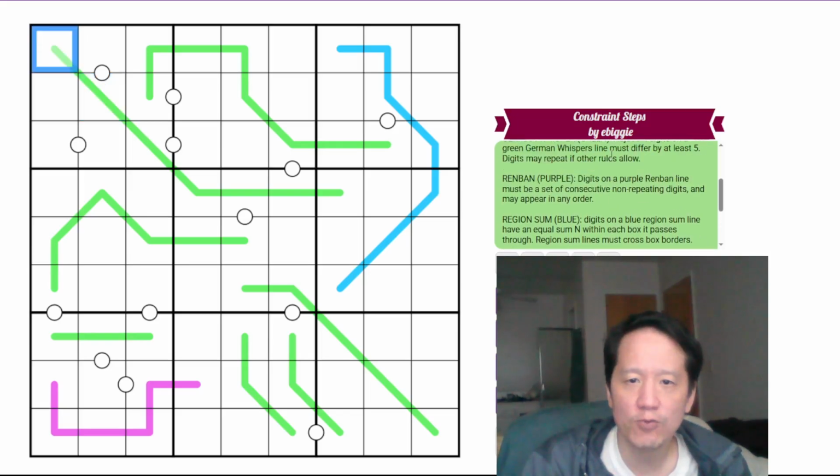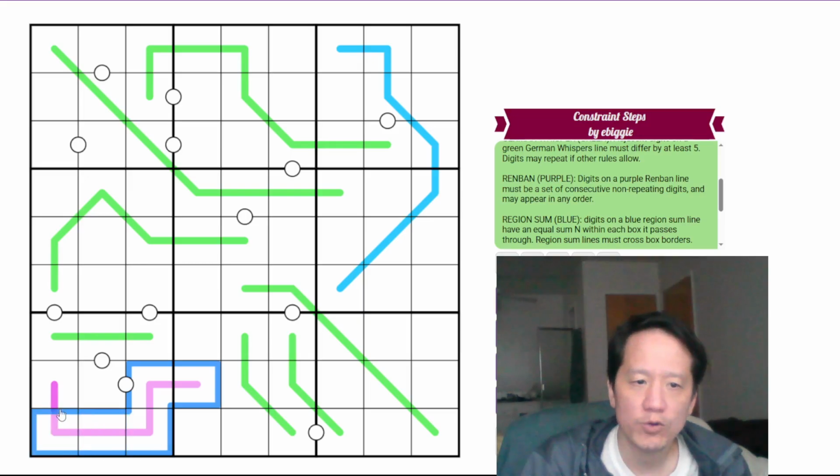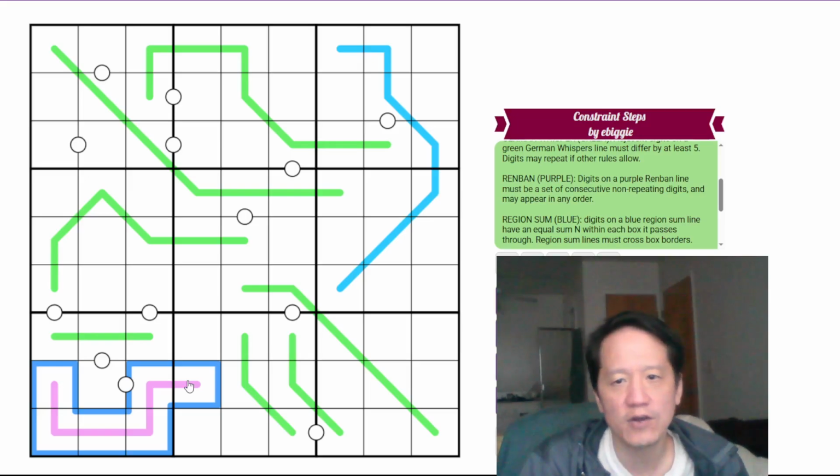We also have a Renban line here, where digits on a purple Renban line must be a set of consecutive, non-repeating digits and may appear in any order.